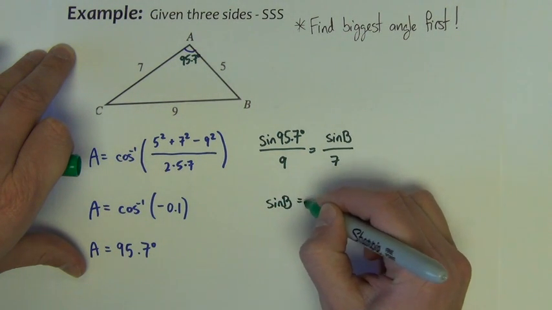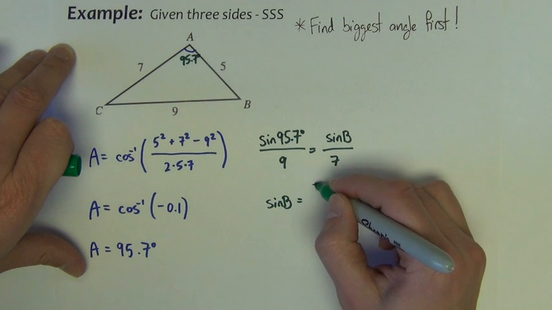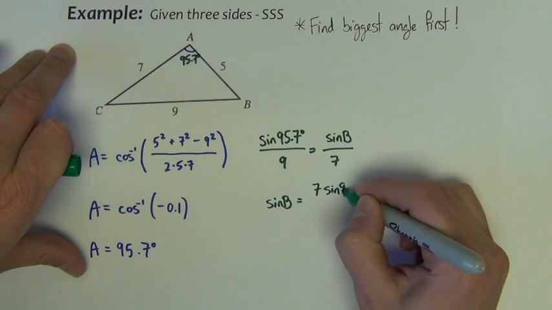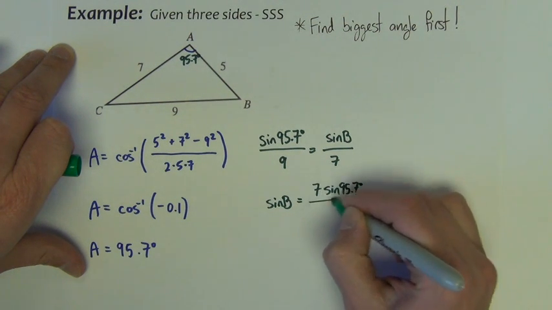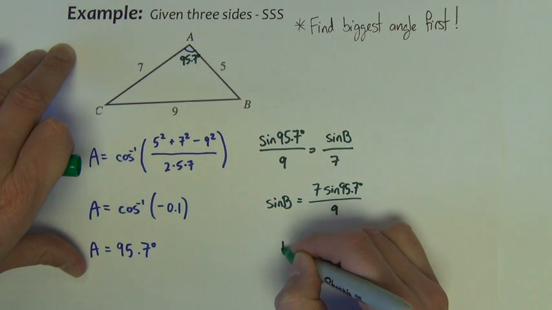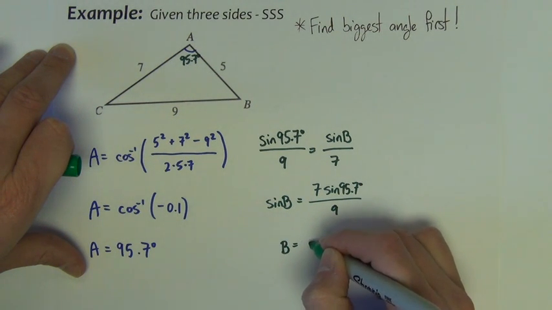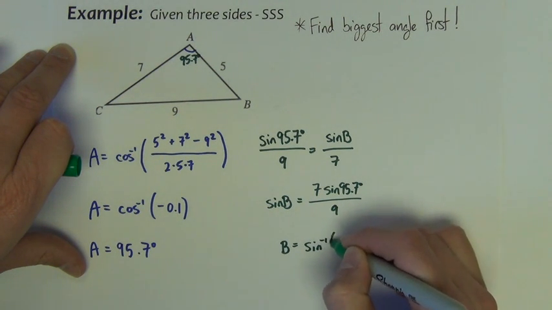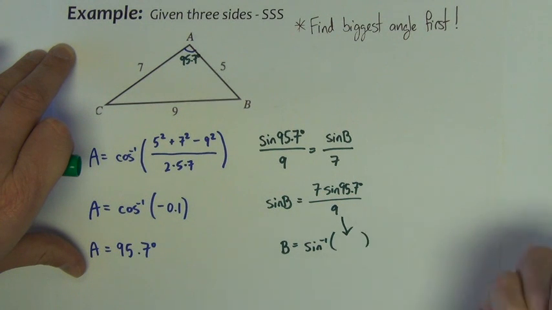So the sine of angle B is going to be 7 sine 95.7 over 9. We're going to do sine inverse of whatever that is. And so on the calculator, here we go.